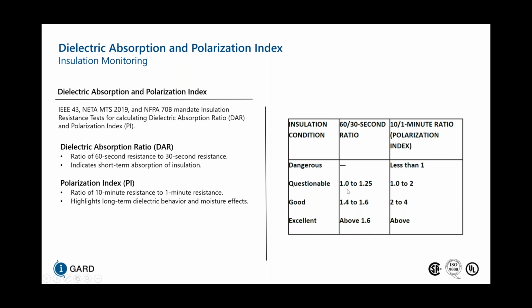What's questionable is if your DAR ratio is between 1.0 to 1.25 or between 1 and 2 on your polarization index. A good value for the DAR would be 1.4 to 1.6, and on the polarization index it would be between 2 to 4, and anything above 1.6 would be considered excellent insulation condition for the DAR, and anything above 4 on the polarization index would be excellent insulation condition.